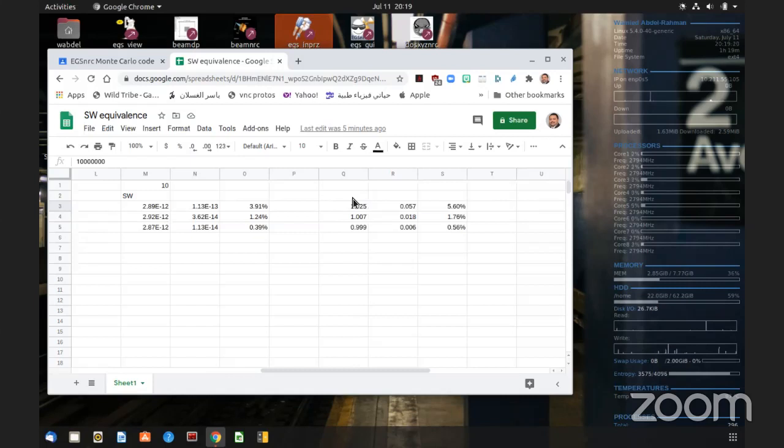So the bottom line is that when I had the 1 billion simulations, I have an agreement with what Bilal Hussein said. It's roughly at 9.9, and the ratio is 1. So the equivalent is at 10 centimeters.